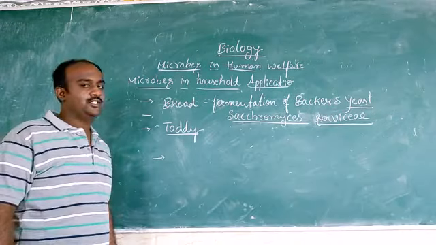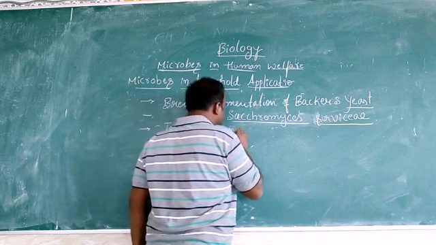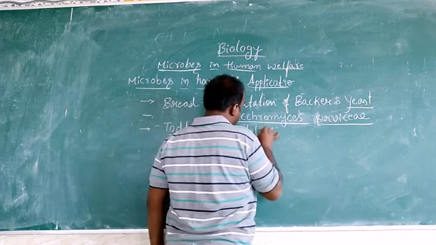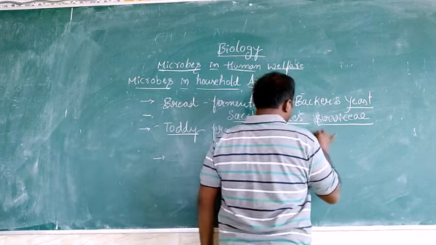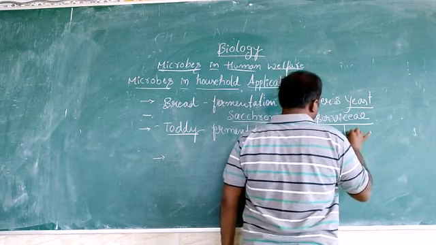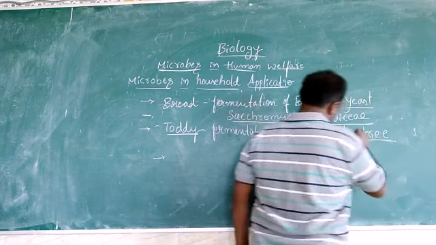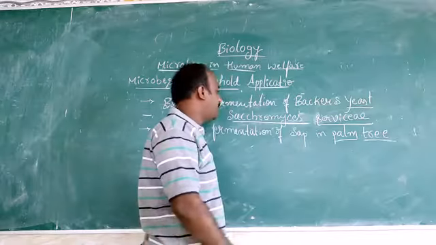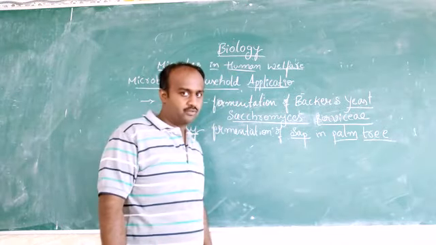This toddy is obtained by fermentation of sap in palm trees. In the palm tree there is sap, which is a nutritive part.